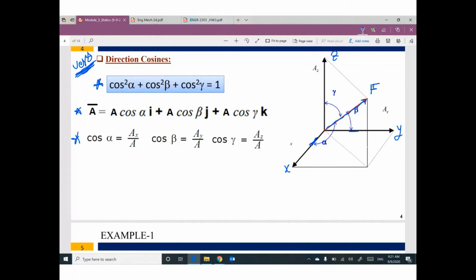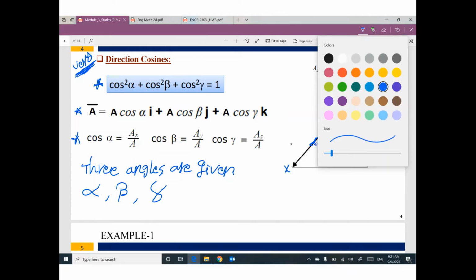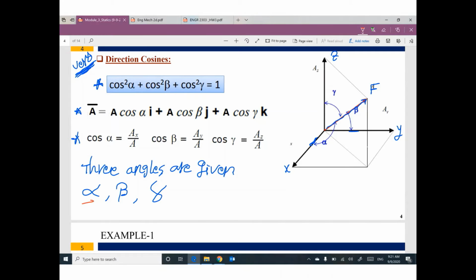For this force, we have three angles given. Three angles are given. Alpha, beta, gamma. The first angle, alpha, between the force and x-axis.